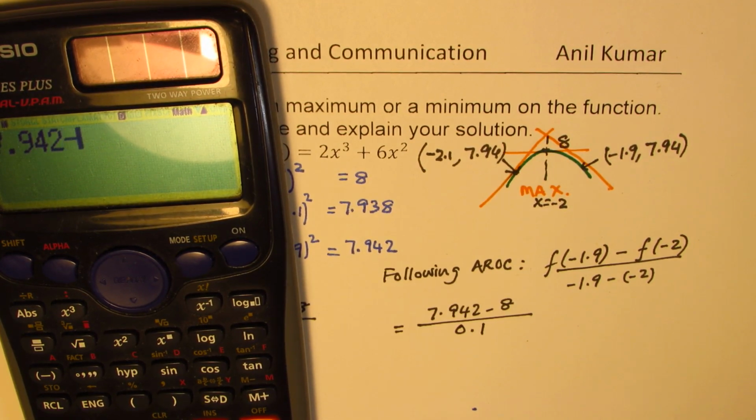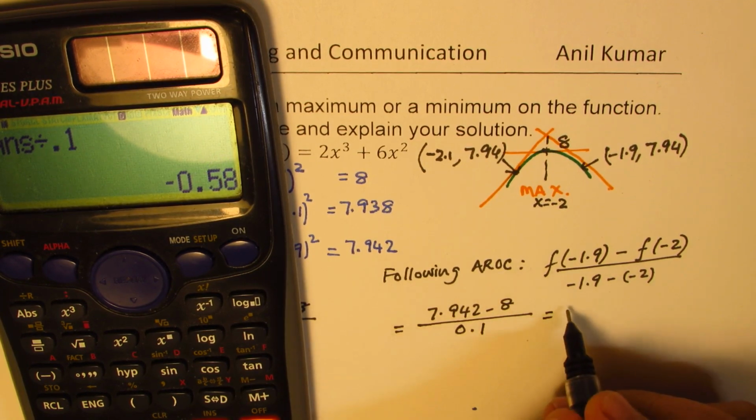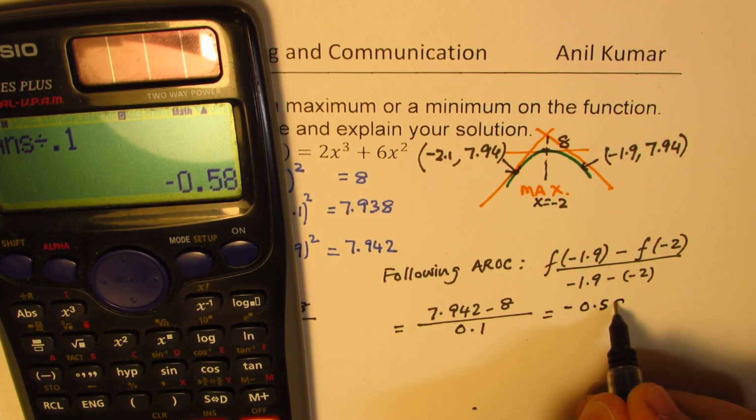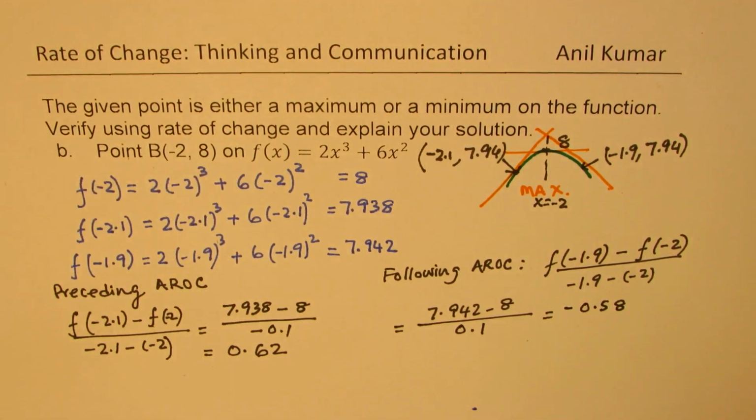So in decimals, this value is -0.58. So the slope on this side, the rate of change, is negative.